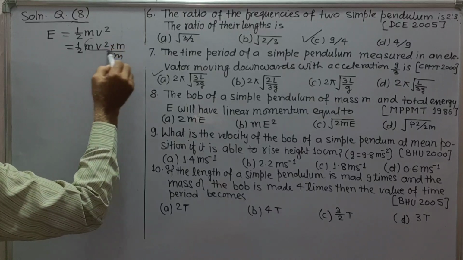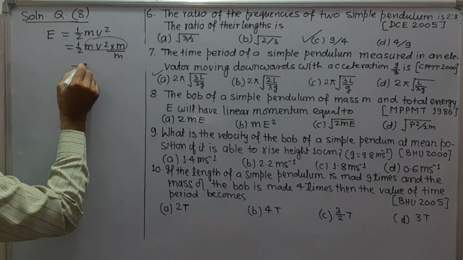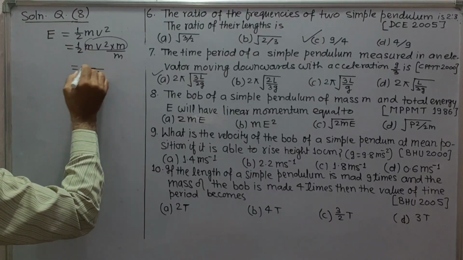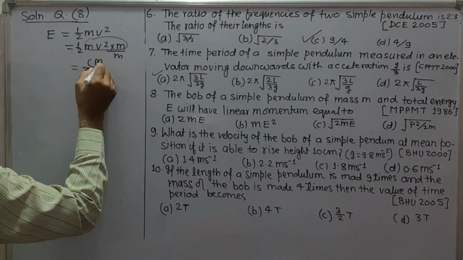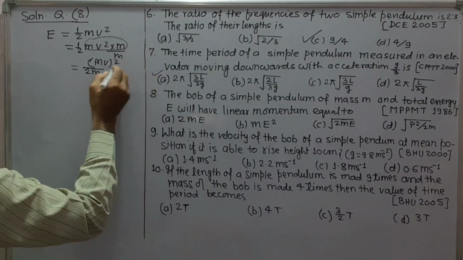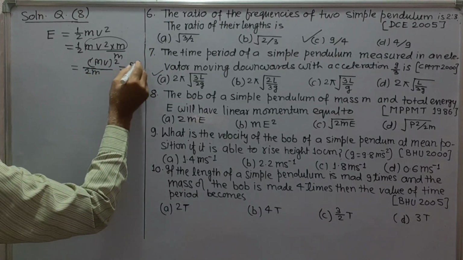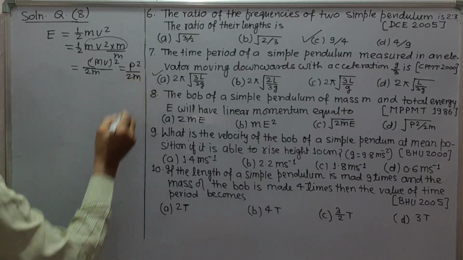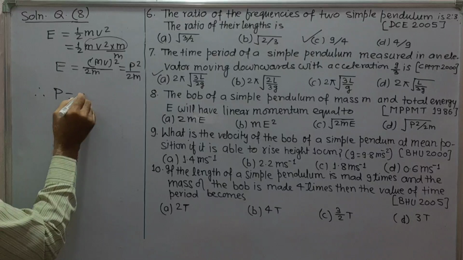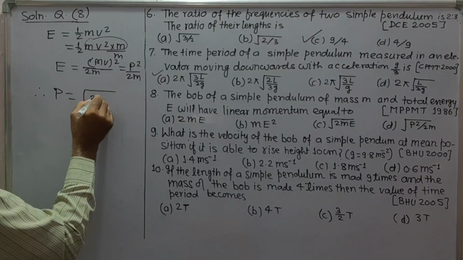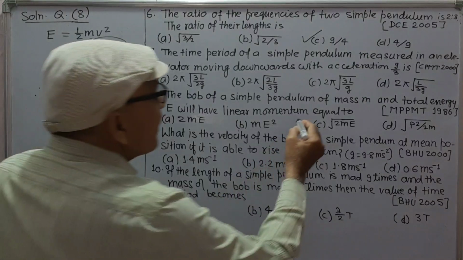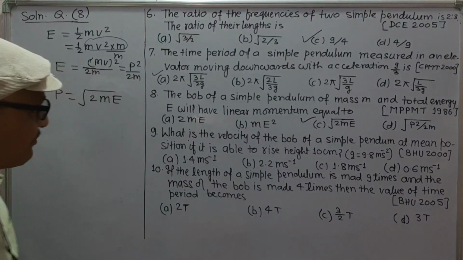So this becomes 1 upon 2 m into m square v square, and mv is linear momentum p, so it is p square upon 2m. Therefore, linear momentum p will be equal to under root 2m into E. So the correct option will be C, under root 2mE.